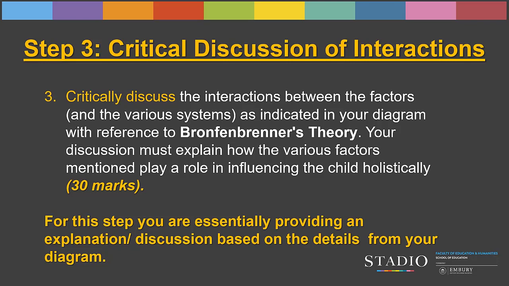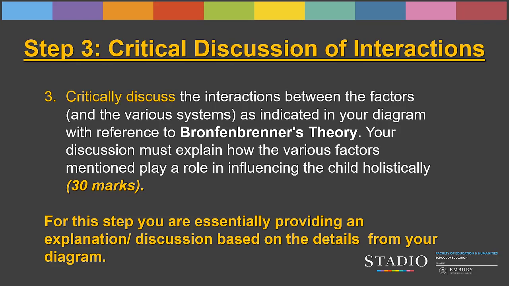So keep coming back to that previous slide, when I went through a very brief overview of Bronfenbrenner's theory, because you are looking at the interactions between the different systems. We do not look at the systems independently, isolated or on their own. We look at how each of the systems is interdependent. Each of the systems is connected. How what happens at one system influences factors in the other systems.